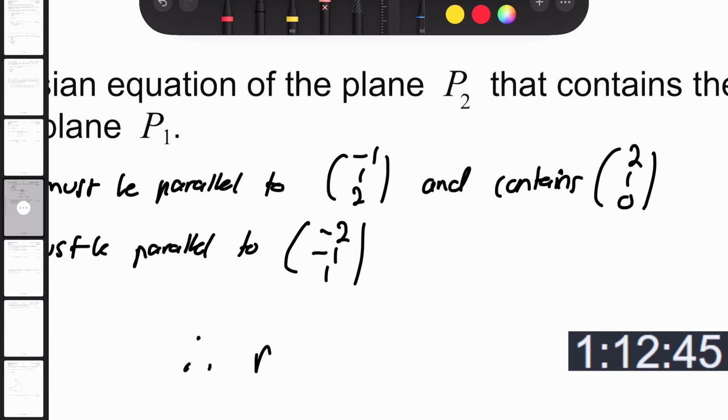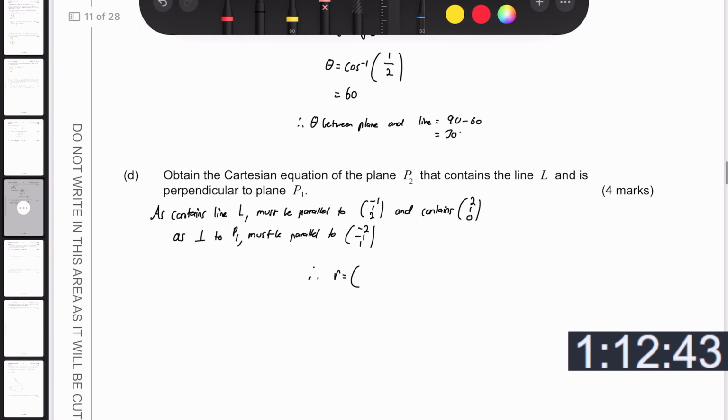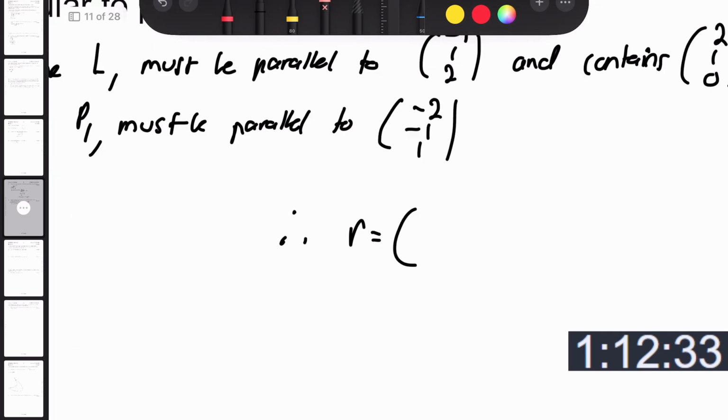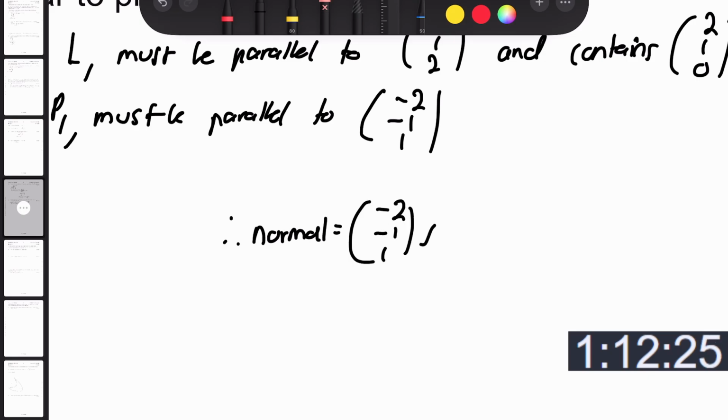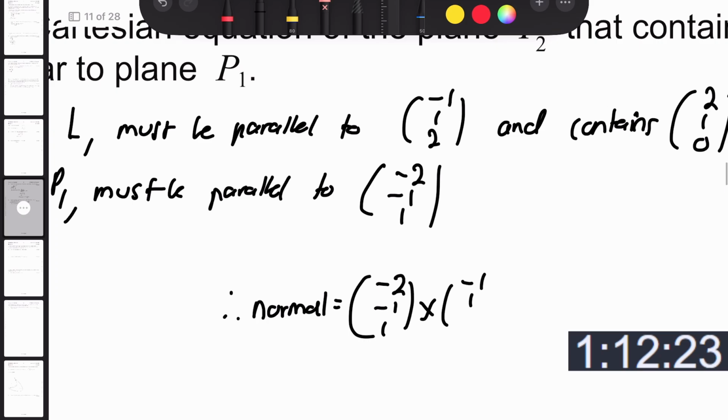Therefore, R is going to equal, oh, it wants a Cartesian equation though. Therefore, normal is going to equal -2, -1, 1 cross -1, 1, 2.